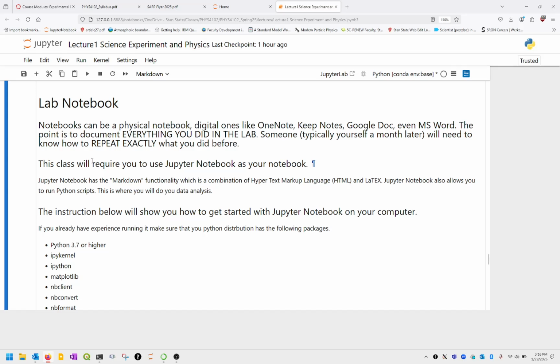So in this class, the entire point of the notebook, you can use either a physical one or a digital one, you can use OneNote, Google Docs, or even Microsoft Word, just anything that you can write in, right? You want to write down and document exactly everything you did in the lab, okay?